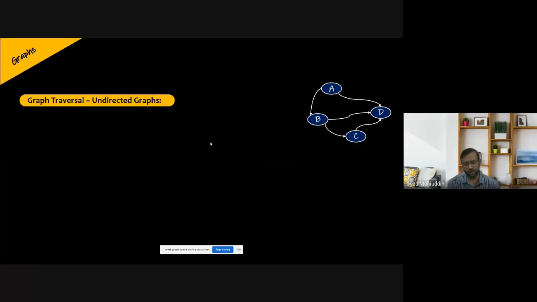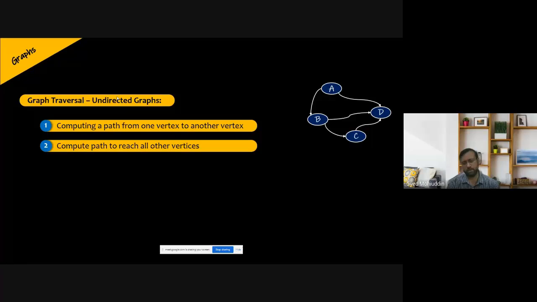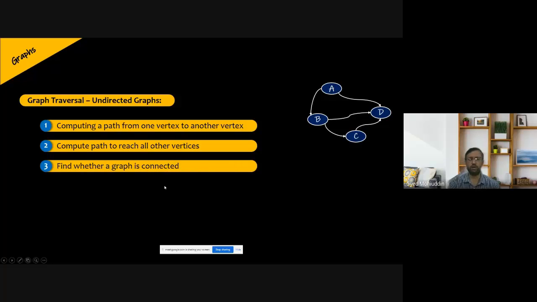Now, there are different types of graph. For example, even for an undirected graph, graph traversal is used for knowing which node can be visited, or finding the path. Then, can we reach all the nodes or vertices or not? If we can reach all the vertices, then the graph is connected.